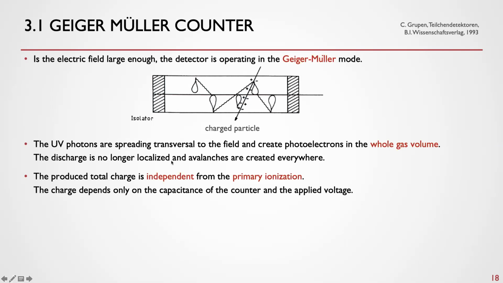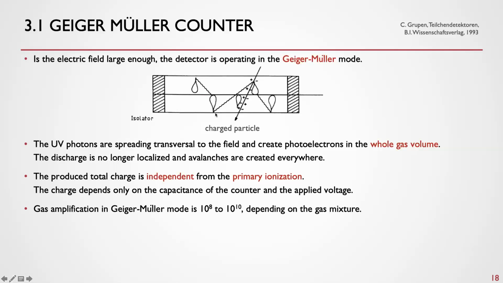It stops only when either the power supply is turned off, but typically the voltage is supplied with a capacitance, and if the capacitance is depleted, then the discharge stops, and therefore the time scale of the Geiger-Müller counter is adjusted by the capacitance, the R, the 1 over square root RC of the power supply.